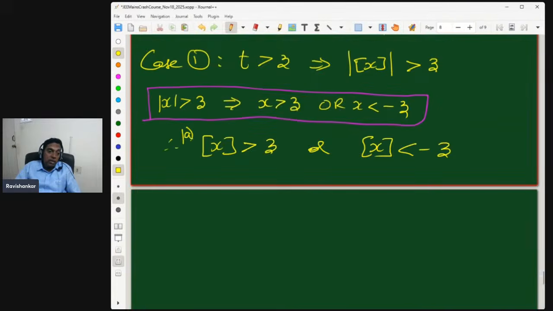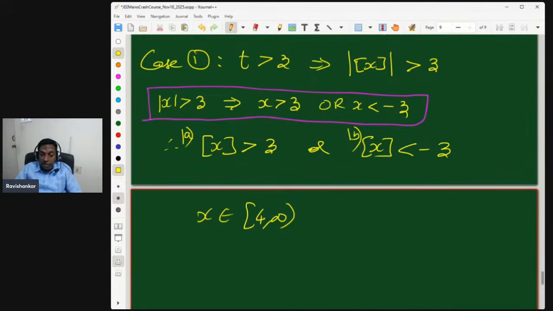So this is 1a and this is 1b. 1a says greatest integer x is greater than 3. So what values do you think x can be? X cannot be 3.5 because greatest integer of that will be 3 and you want greater than. So x belongs to 4 comma infinity. 4 is allowed.